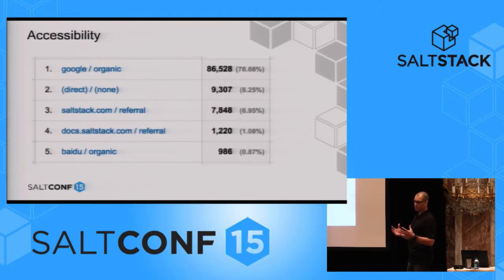So it's usually 1 to 3 pages that you're looking at, and the top hits are in the reference. That aligns with what I've experienced with the documentation. The reference is good, or you can figure it out, I guess, and that's how it's being used. But overwhelmingly, organic search is what's driving.